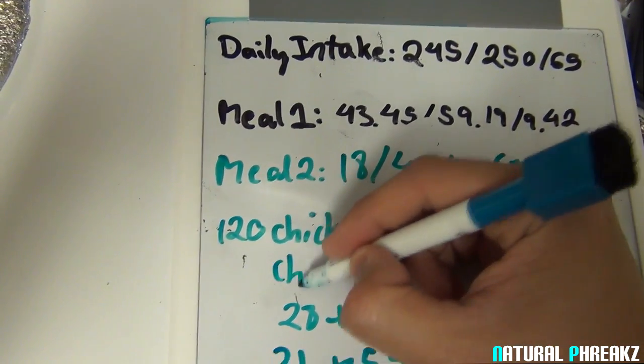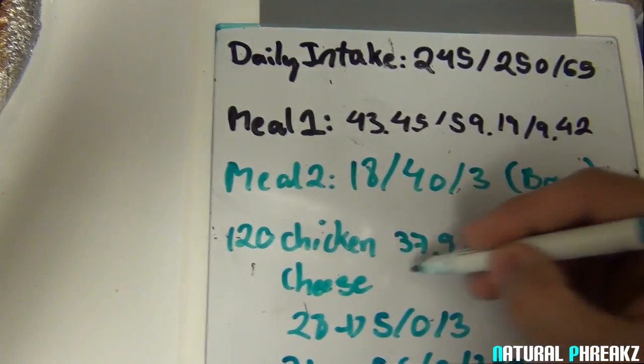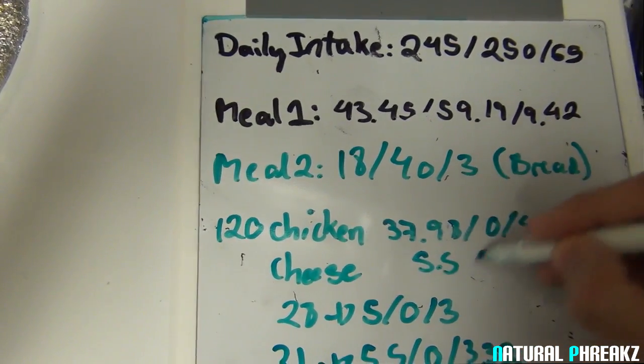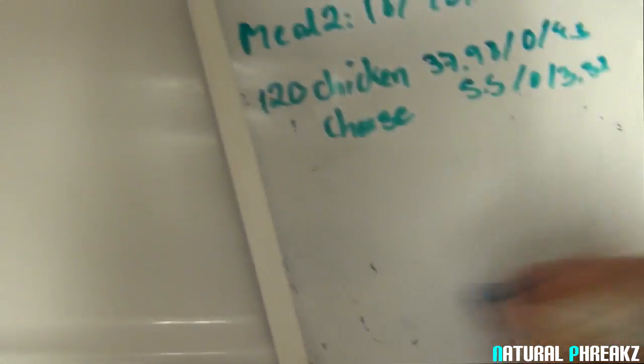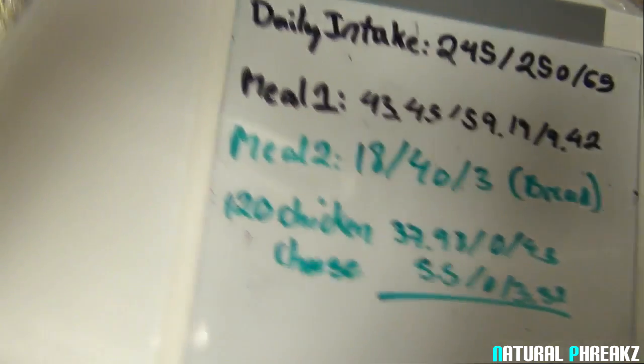So let's write cheese: 5.50, 3.32. I erase this because I don't need it anymore, and then again you add everything up.